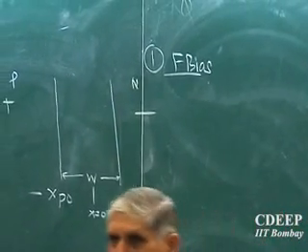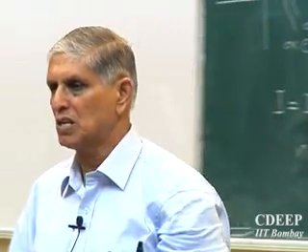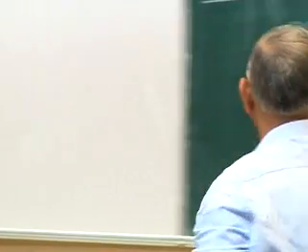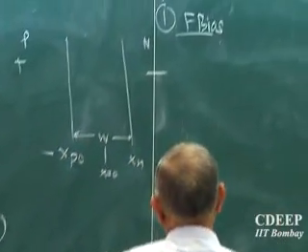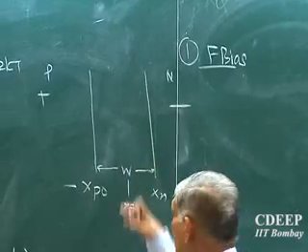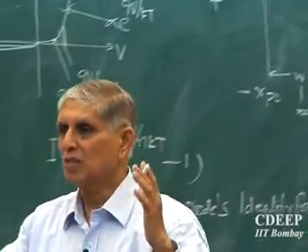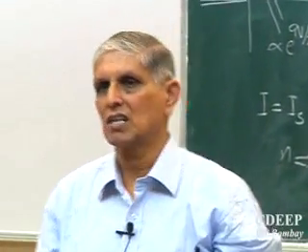Holes are injected from P side into N side, electrons are injected from N side into P side, and they diffuse down. However, if there is a depletion layer here, under forward bias it will actually shrink.